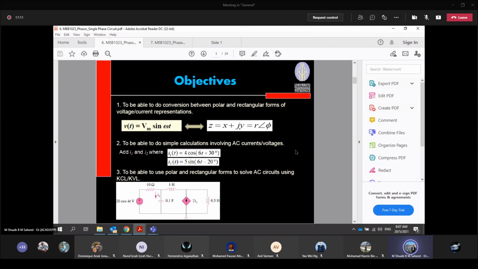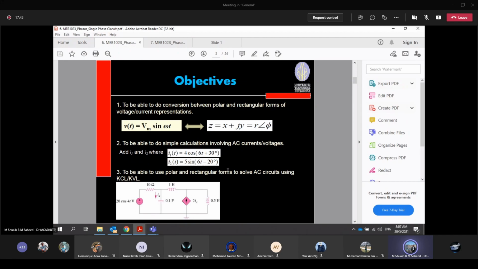The objective for these lectures will be for you to be able to convert or interchange between the polar and the rectangular form of voltage and current representations, and to do simple calculations involving AC currents and voltages, such as I1 plus I2 or I1 minus I2.